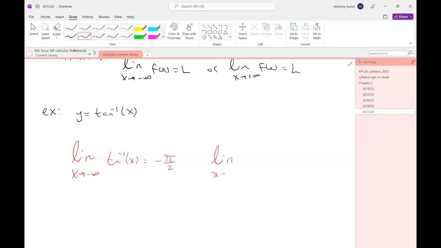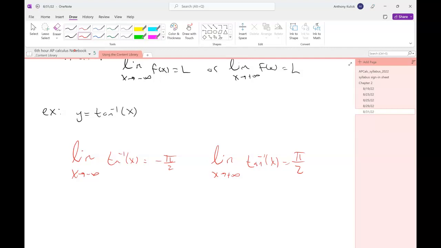And the limit as x approaches positive infinity of tan inverse of x is equal to positive pi over 2. You don't have to always list both, but here these are two separate asymptotes, right? So if I wanted all the asymptotes, I do need both of these because I have one horizontal asymptote at negative pi over 2 and a second horizontal asymptote at positive pi over 2.